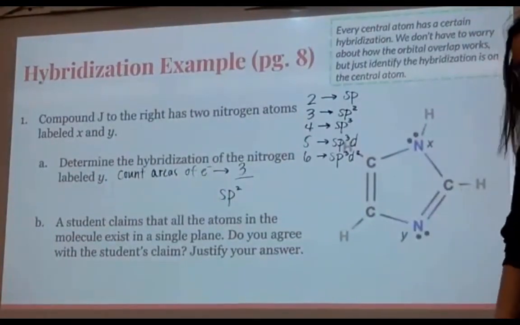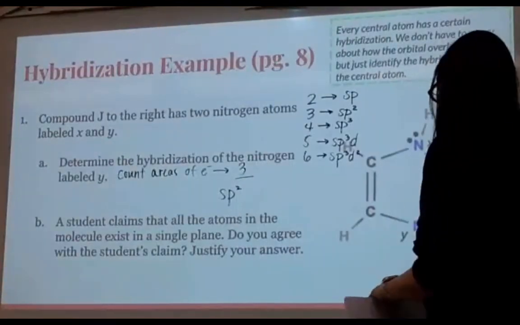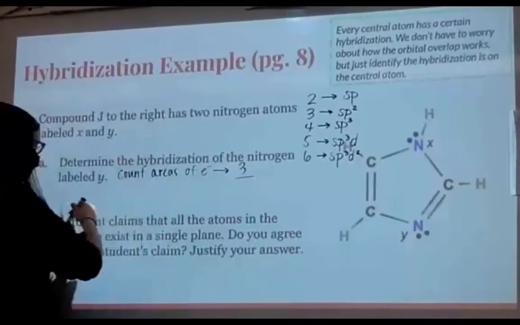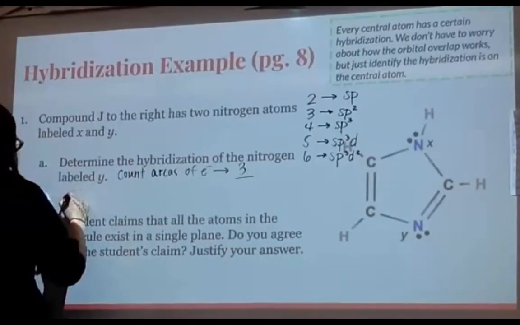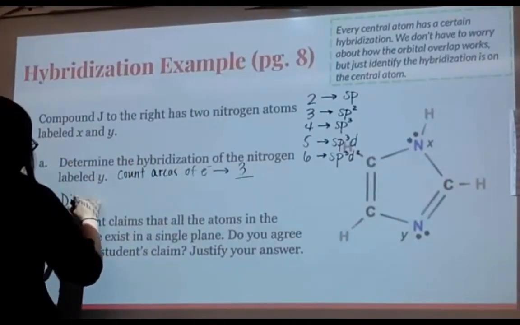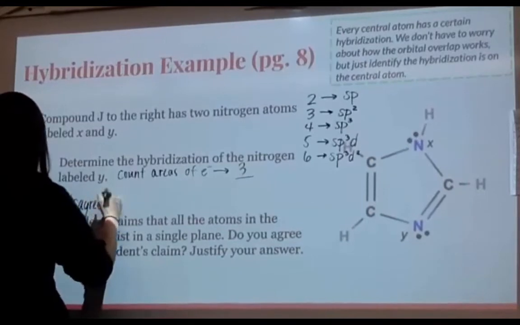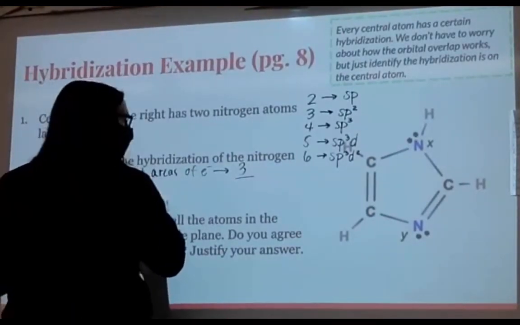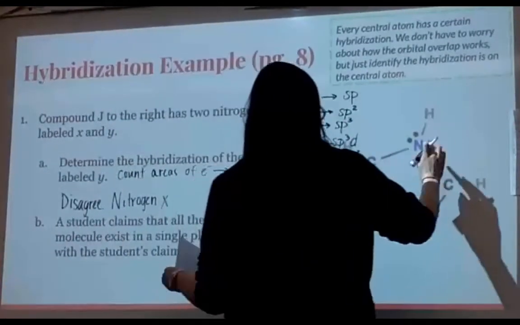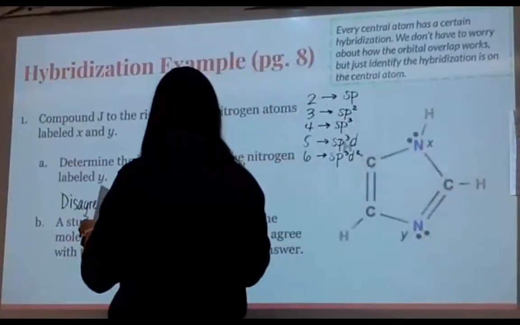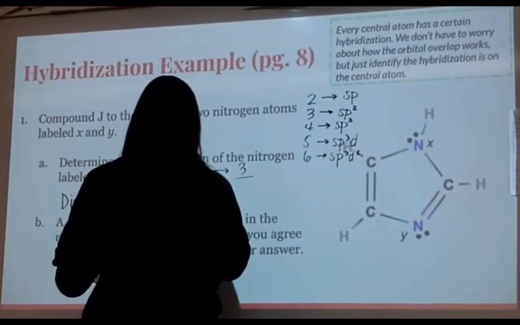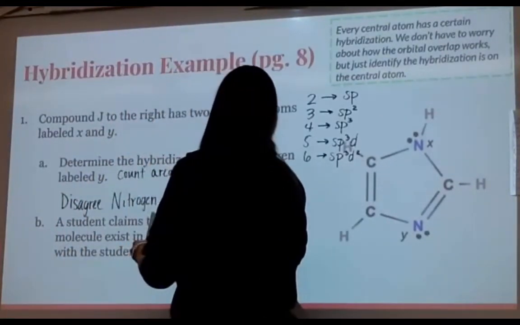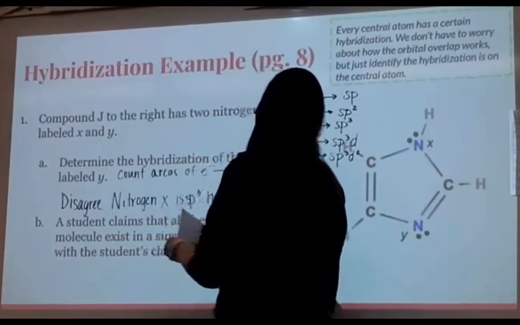So for part B, here's what we're going to say. I'm going to put it up here so that everybody can see it. We're going to say that we disagree. So we can say nitrogen X, which we had already looked at, is sp3 hybridized.